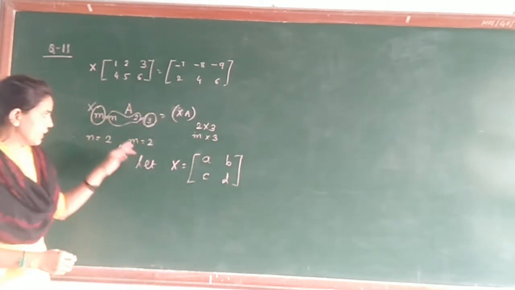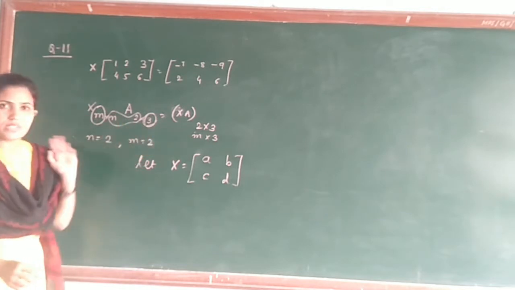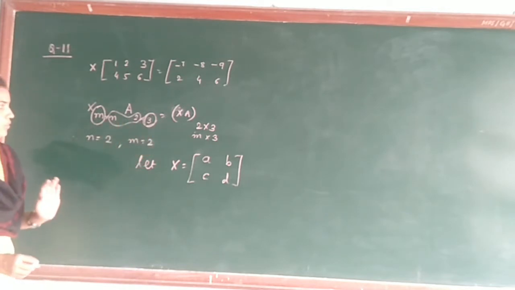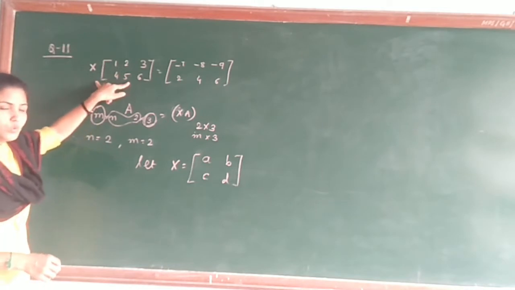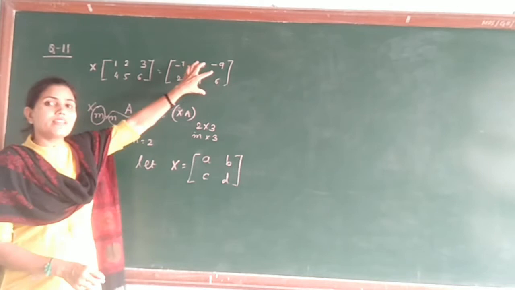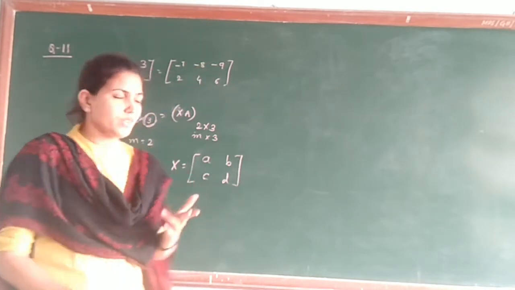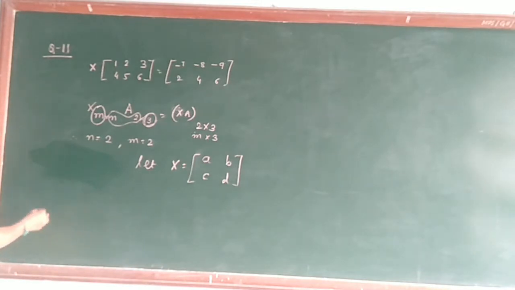Why 2 by 2? Because that is what is required from this. Now what do you have to apply? Multiply X with [1, 2, 3; 4, 5, 6], which is XA, and then compare with this, then you will get the equations and solve them.